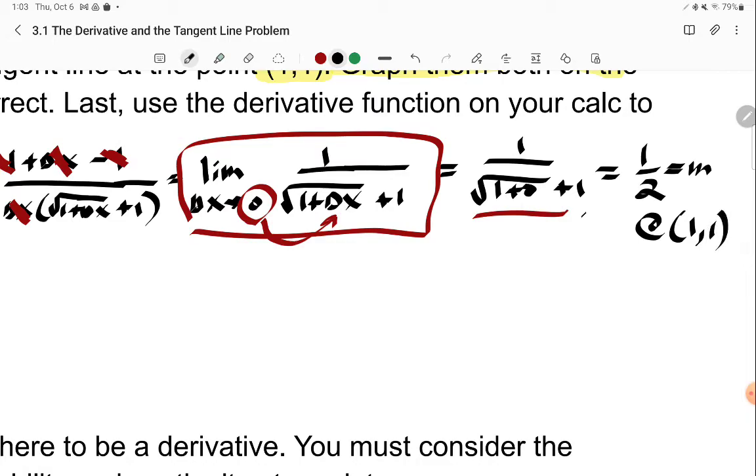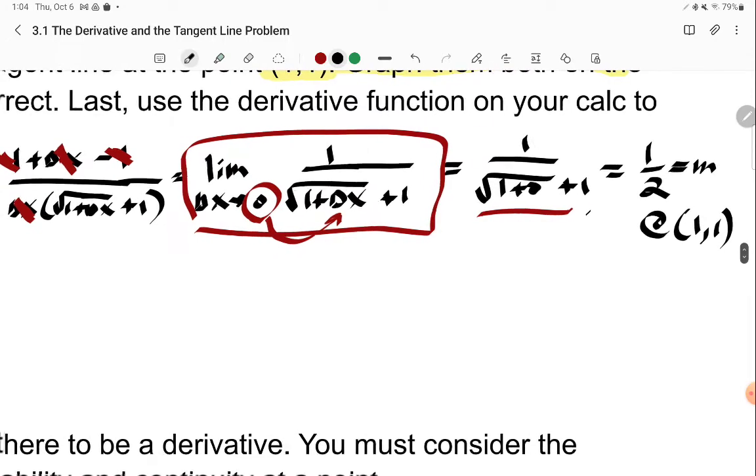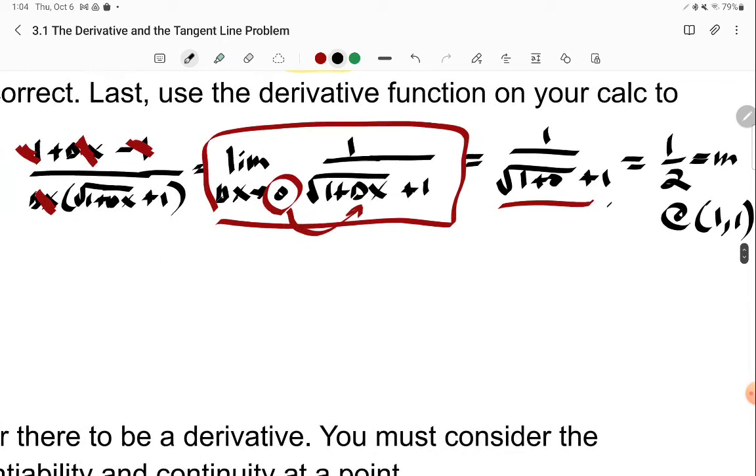Now what they wanted was the equation of the tangent line. Now we have the slope and we have the point. So if we have the slope and the point, we can plug that in. So it's going to be y minus 1 is equal to the slope times x minus 1.